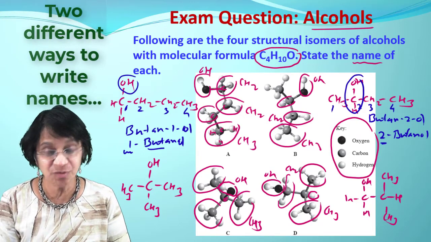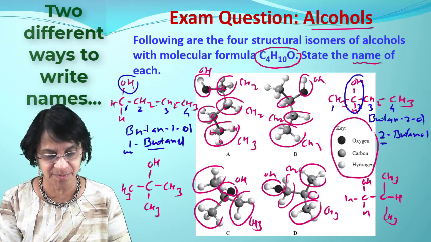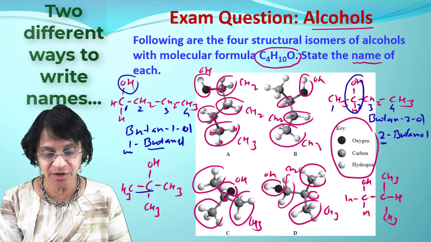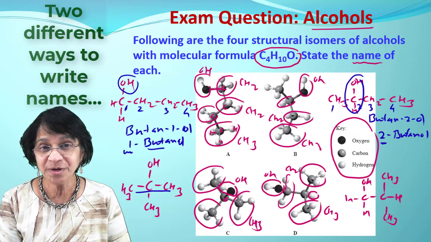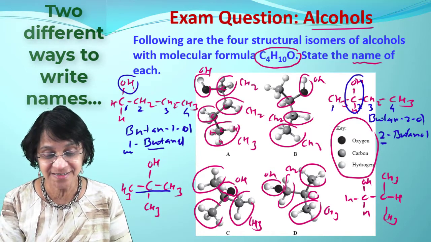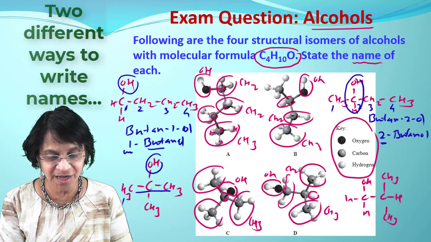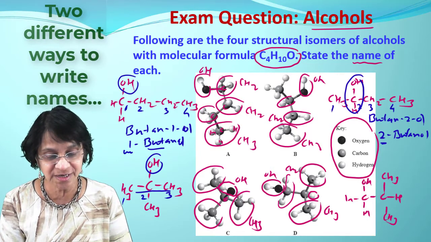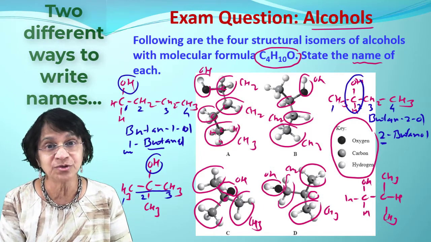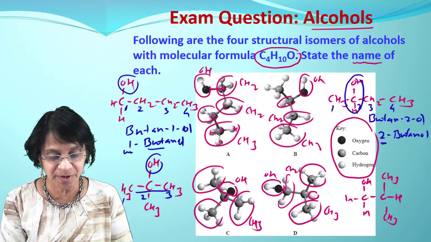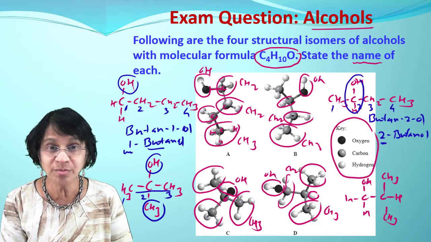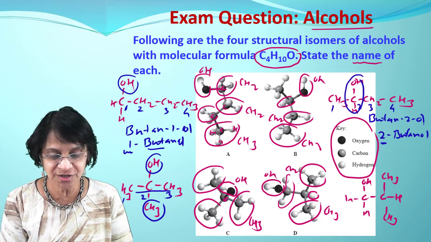Now let's turn to molecule C, and this is kind of interesting. Whichever way you go, it's going to be 3 carbon atoms. That means it is propanol, because it is an alcohol. And numbering, whichever way you go, the OH group still comes to carbon number 2. So it is going to be 2-propanol, but we also have one more group there at position 2.